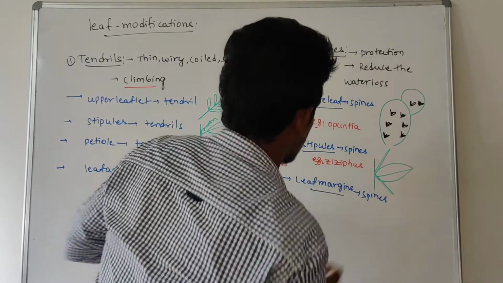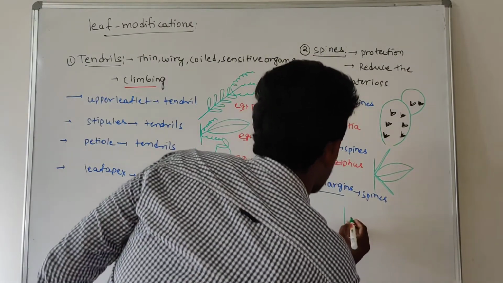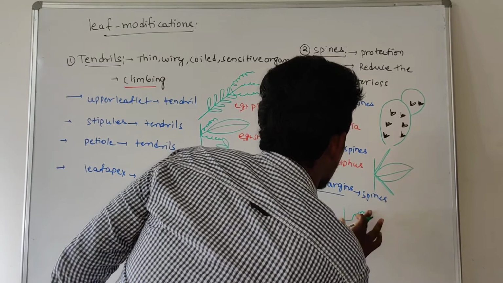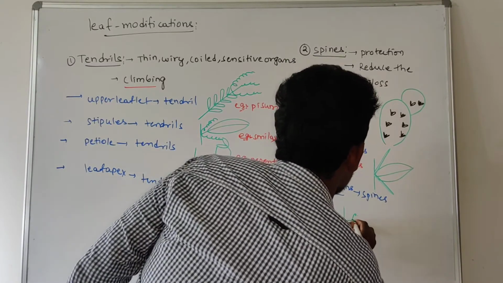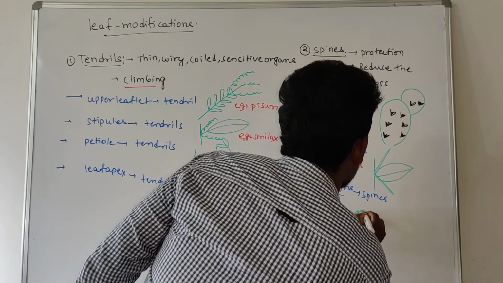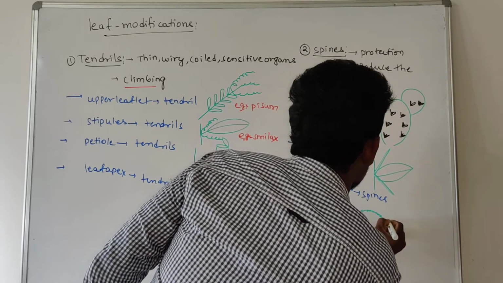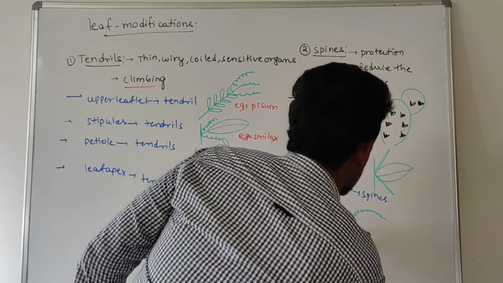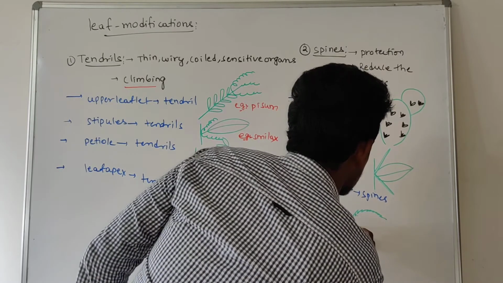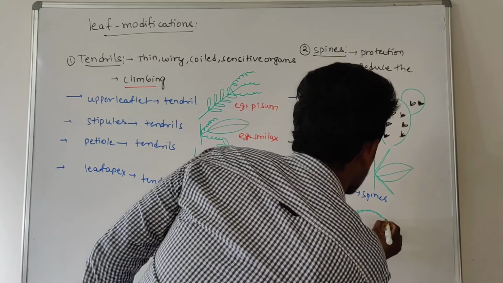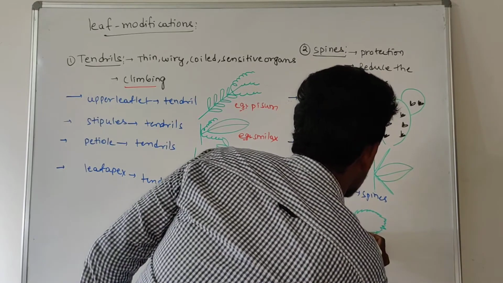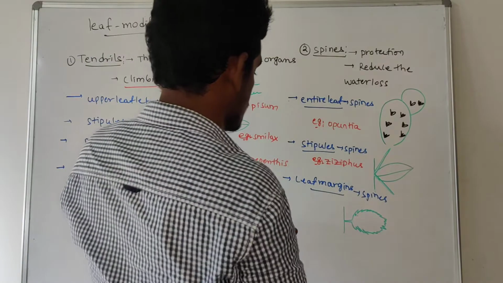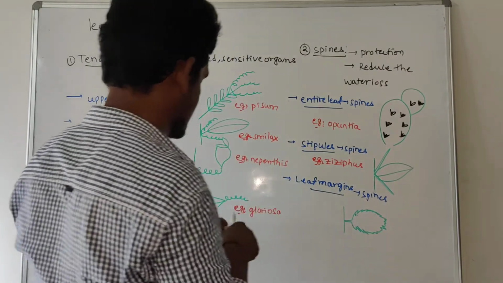See, it is a leaf margin and it may be converted into spines. Right, so these are all spines. The example for this one is argemone.